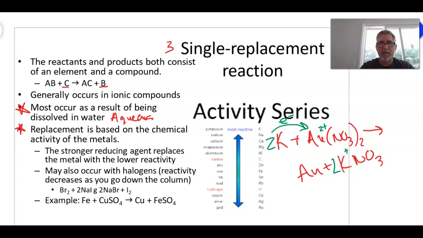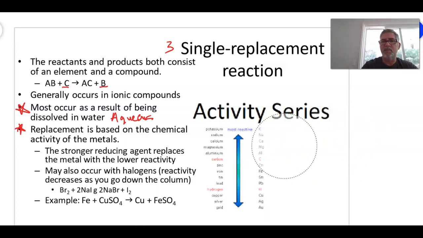This can also happen with halogens. So over in column 7 in your periodic table, the second to last column, are our halogens. Actually, let me erase all this here.